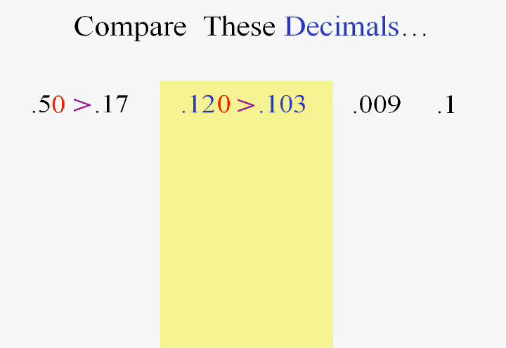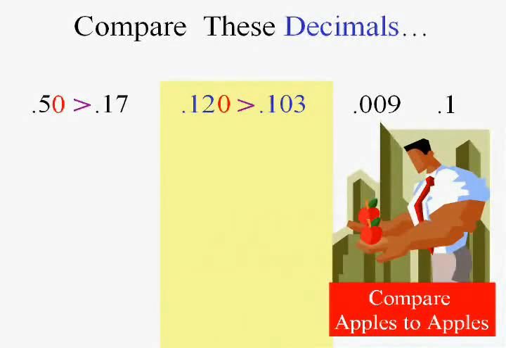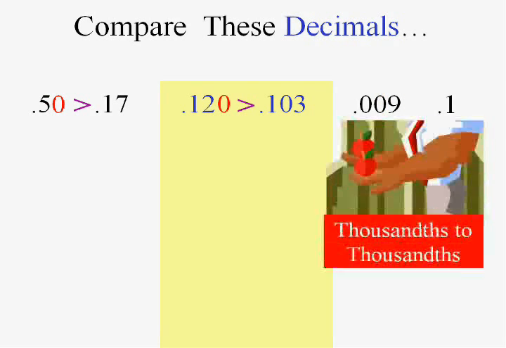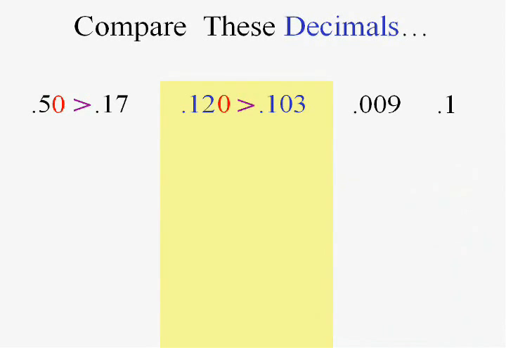Guess which one's bigger here? I bet you can't. In this case, we have a thousandths digit here, and we only have a tenths on the second number, so we're going to have to add 2 zeros. And 100 is larger than 9, so the mouth opens to that one.